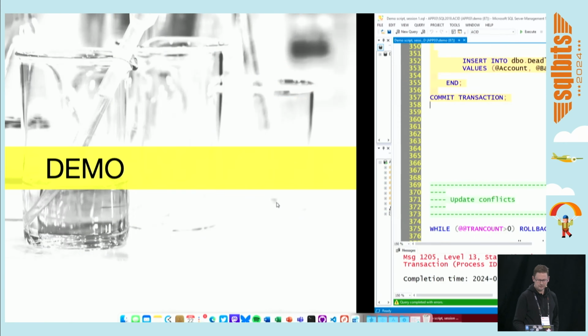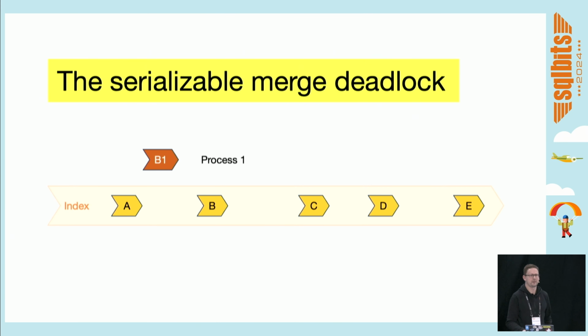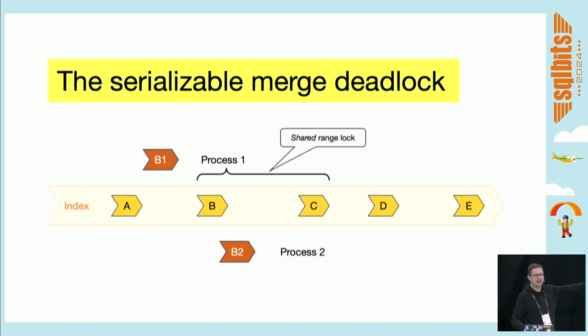Now, it turned out the root cause of the problem, and you were close, you were very close, was the first transaction looks if there's a B1. The second transaction looks if there's a B2. What effectively happens is I'm creating a shared range lock.